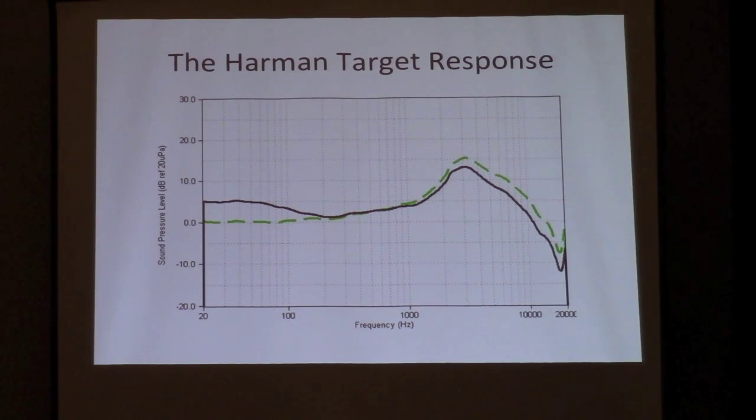They're also going to get a bass boost, essentially due to the narrowing of the sound energy coming from speakers as frequency increases, so that the sound power in a room has more energy at low frequencies than at high frequencies, because the speakers beaming at higher and higher frequencies don't pump up the room like the low frequencies do. And so this target response curve has a low frequency boost in it.